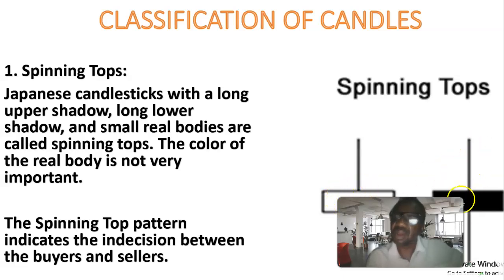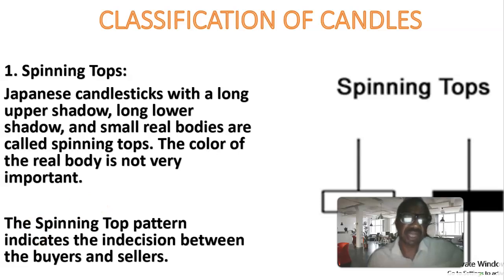The same thing applies to the bear; the difference is the color. So it is called a spinning top, and we can go and identify the spinning top in our chart.